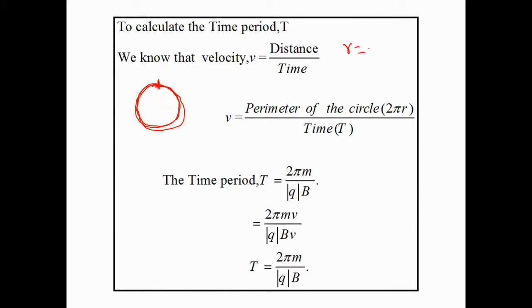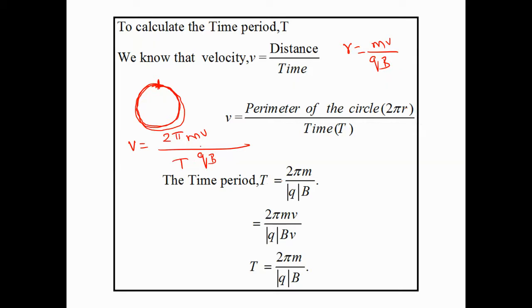My r value, as we studied before, is mass times speed divided by charge multiplied by B. Substituting here, my speed is equal to 2 pi, and in place of r I'm going to use mv over qB, and in the denominator we have time t.